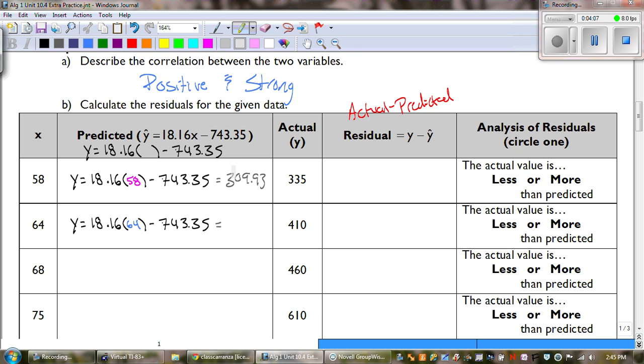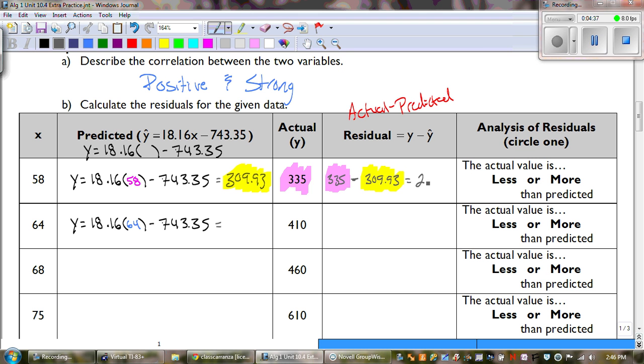So this is the first answer that we look for. And now we're going to take the actual, which is right here. So the actual 335 minus what we found, 309.93. And what do you get?